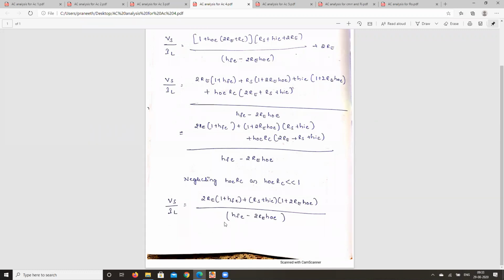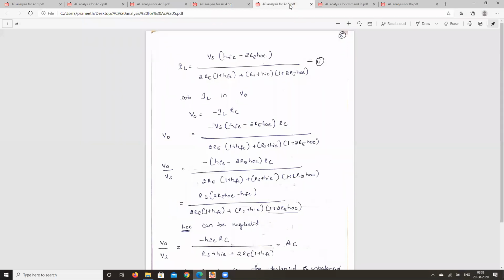Using this I have just derived IL. So IL equals Vs into HFE minus 2 Re HOE by 2 Re into 1 plus HFE plus Rs plus HIE into 1 plus 2 Re HOE.